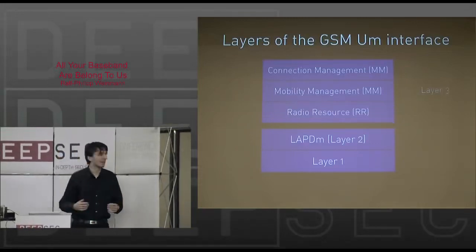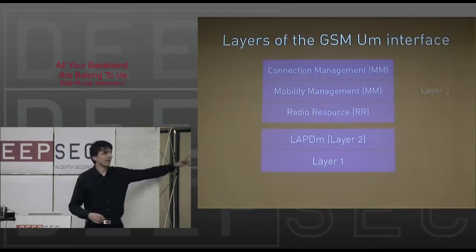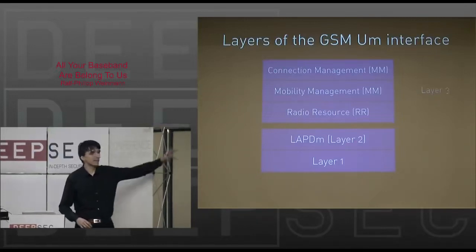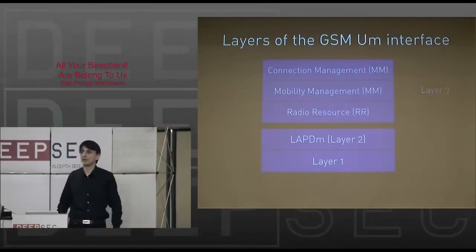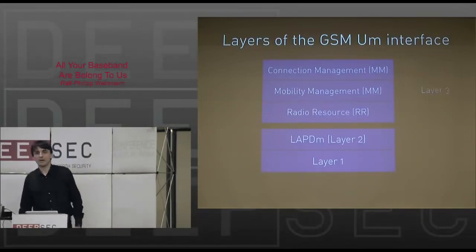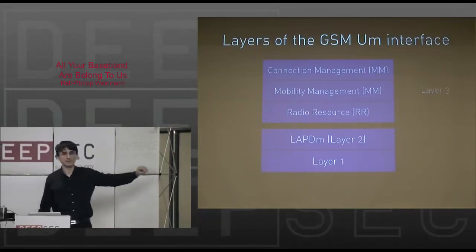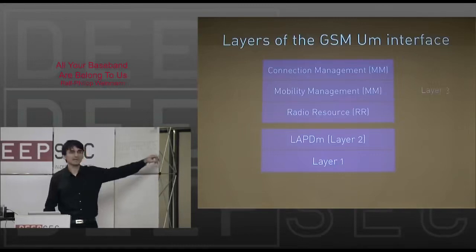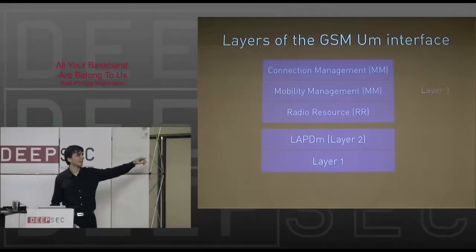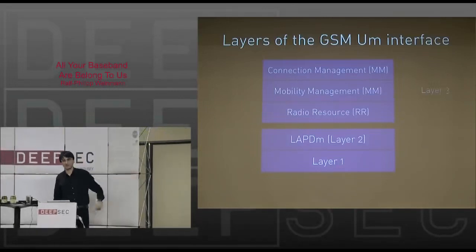This doesn't happen. Well, it might happen on an air interface. And layer 3 is what we will concern ourselves mostly with, because this is where the interesting stuff happens, as we'll see later. And this can be subdivided into 3 other layers, namely the radio resource, the mobility management, and the connection management.